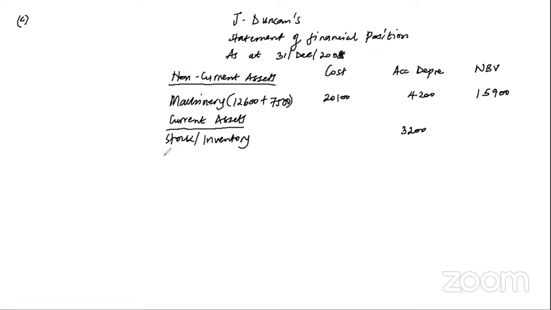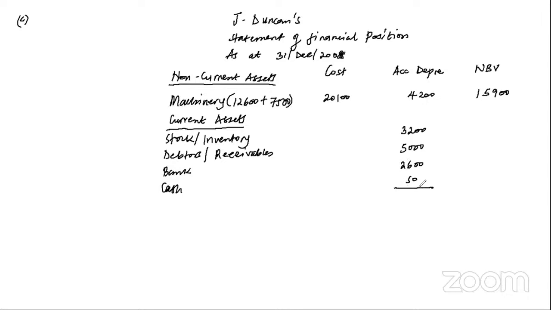Then the receivables, you have 5,000. Then you have your closing bank balance. Check your bank summary. This was 2,600. Then you have cash, the closing cash balance, still from the cash summary. Here we had 50. No prepayments at the end of the period.